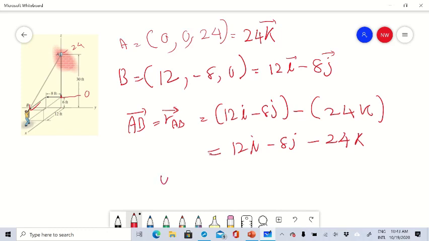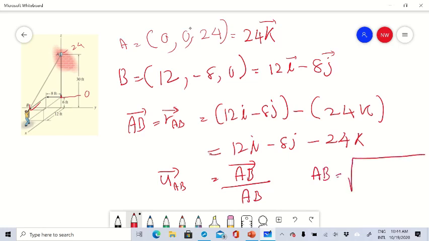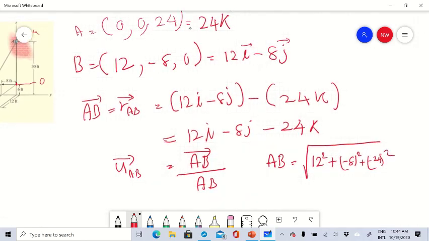So how can we take the unit vector along the AB direction? The unit vector along the AB direction is equal to the AB vector divided by the magnitude of AB. What is the magnitude of AB? It is equal to the square root of 12 squared plus minus 8 squared plus minus 24 squared, which is equal to 28, right?